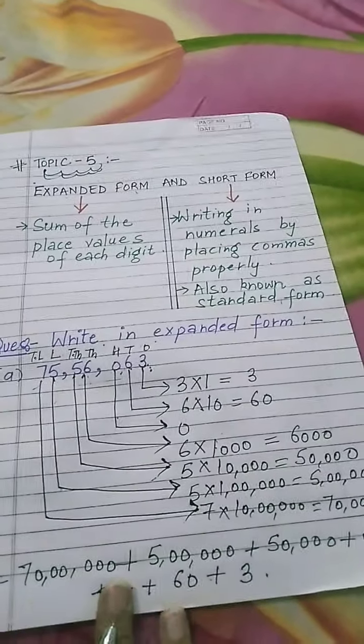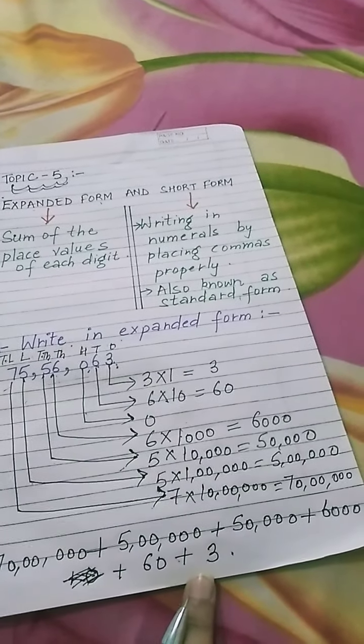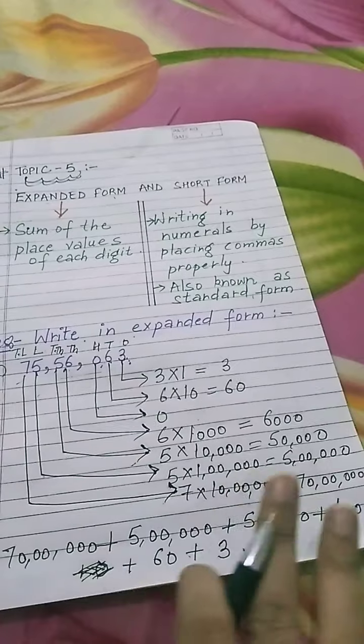So this is how you can calculate the expanded form. You don't have to add these numbers, you just have to write it in this form. This is the expanded form.